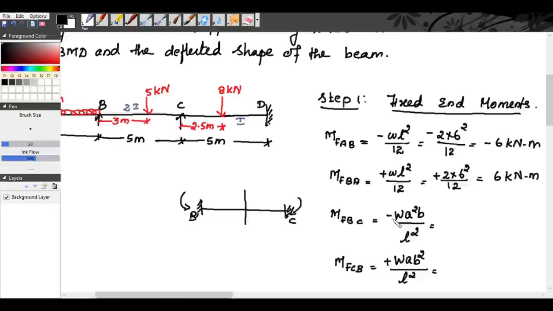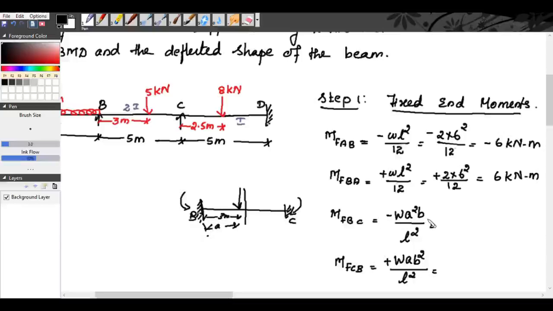The formula is, since it is a concentrated load acting at a distance of 3 meter, we will consider this as a. So our formula is W a square b by L square at B, and at C the fixed end moment is plus W a b square by L square.